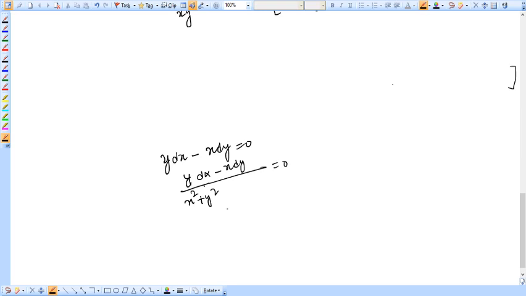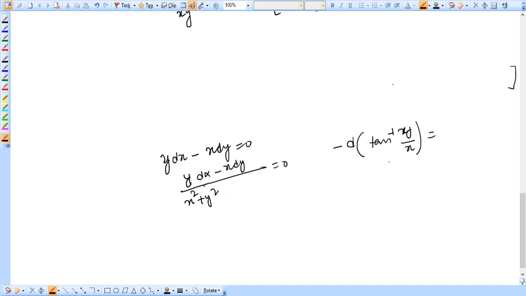the exact differential of tangent inverse y over x, because here you see what is the differential of minus tangent inverse y over x. It is equal to what?